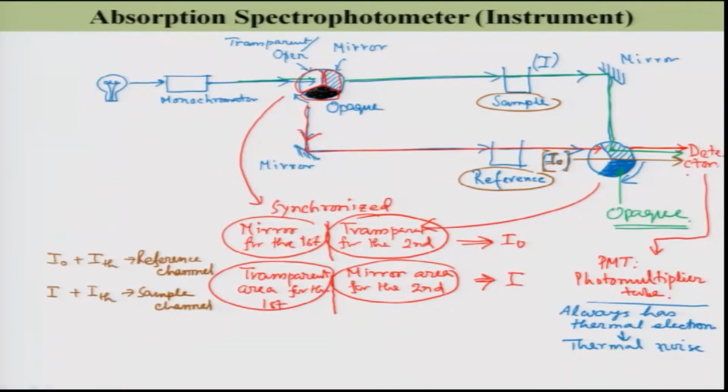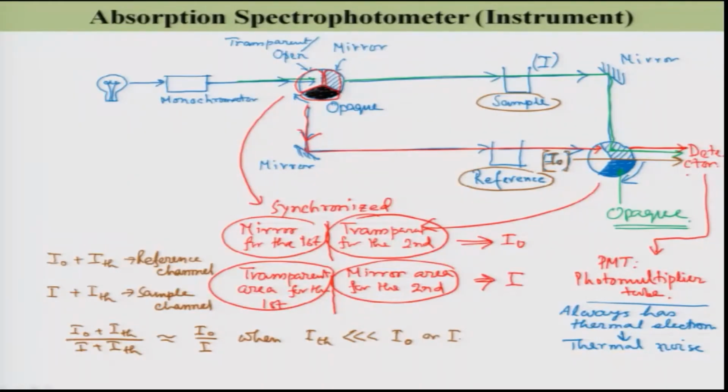If ITH is much smaller than I0 or I, then I0 plus ITH divided by I plus ITH will be almost equal to I0 by I, provided ITH is much smaller than I0 or I.